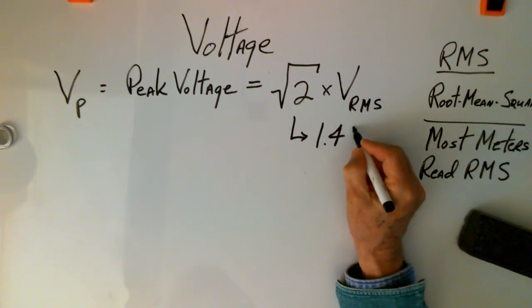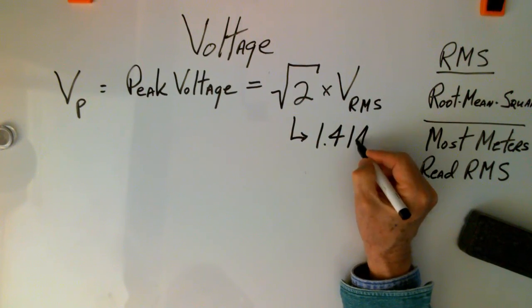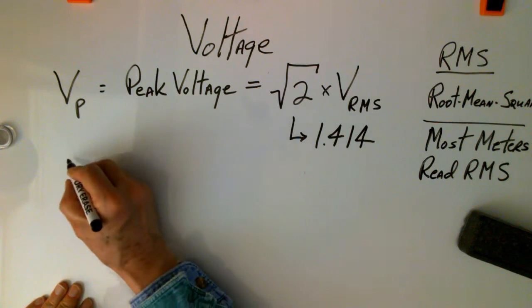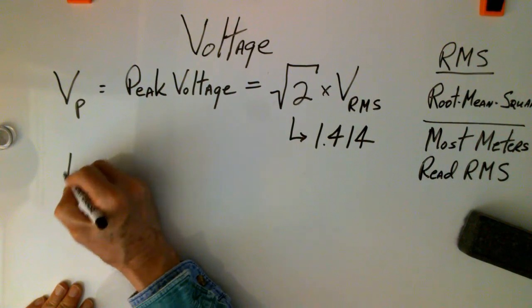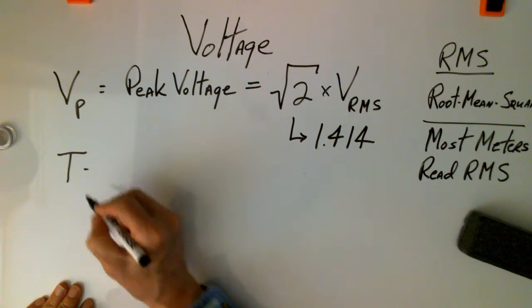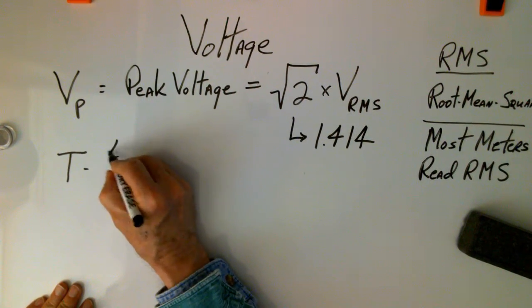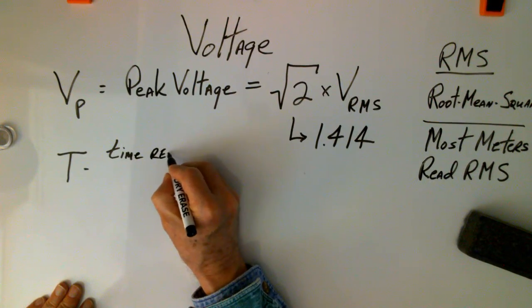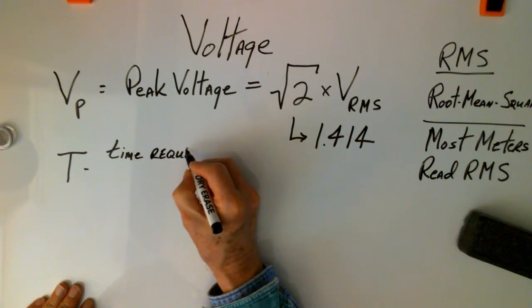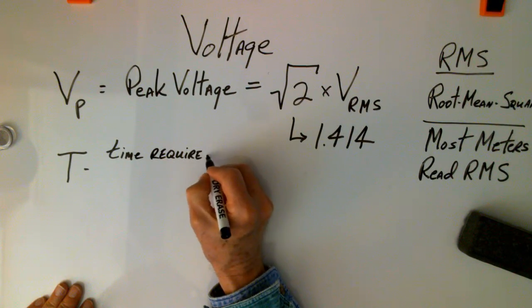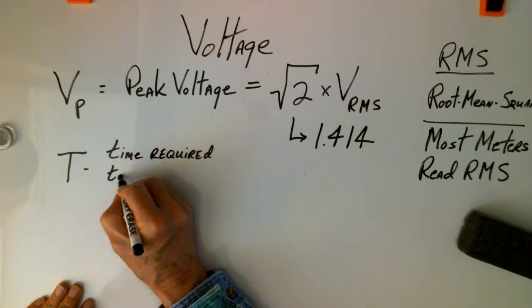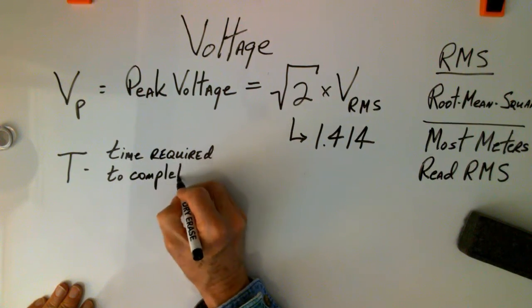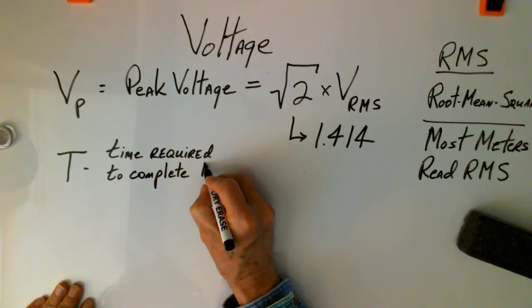T is the time required to complete one cycle.